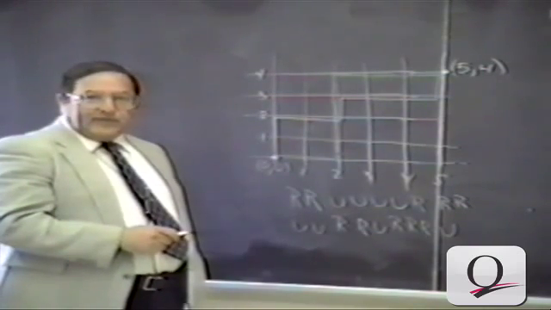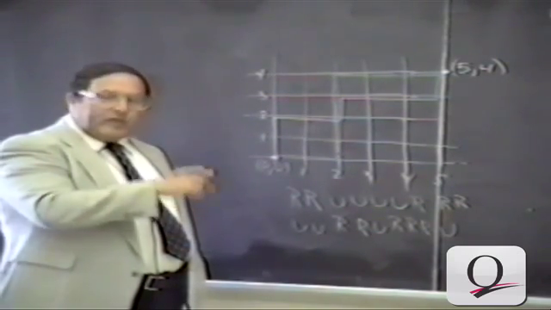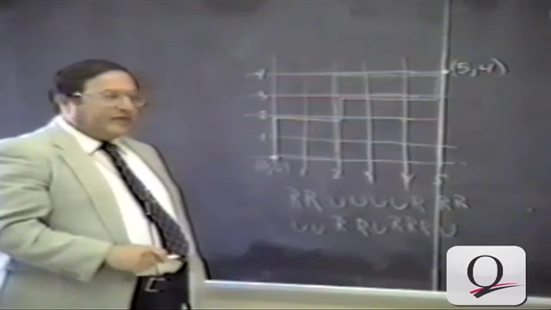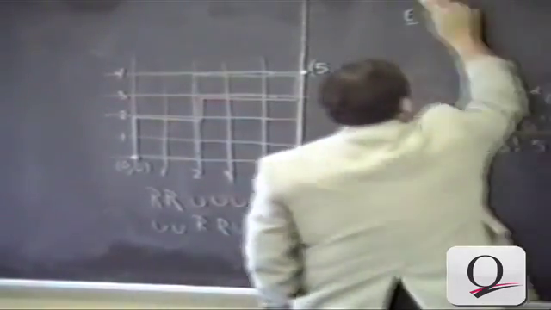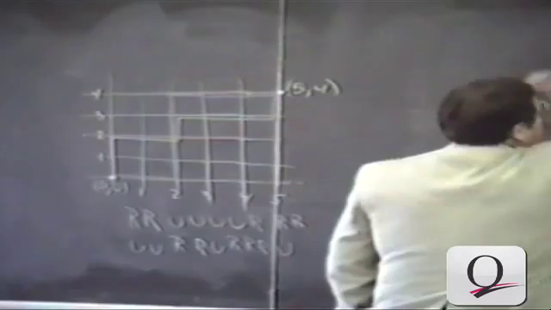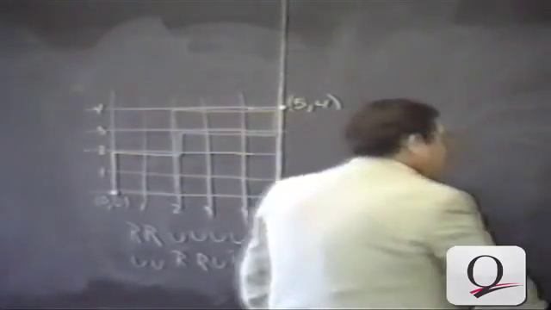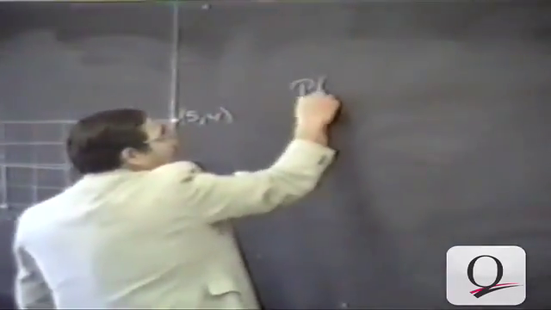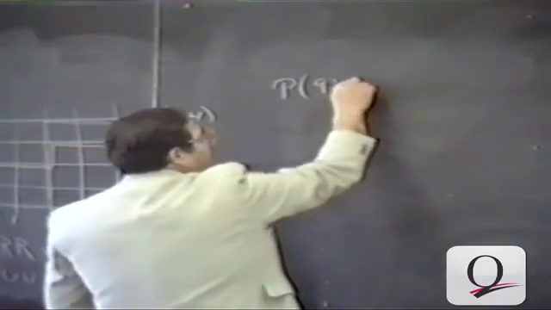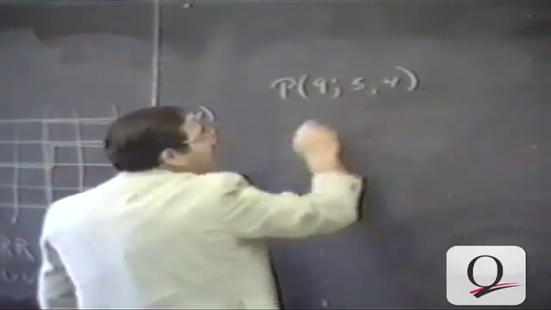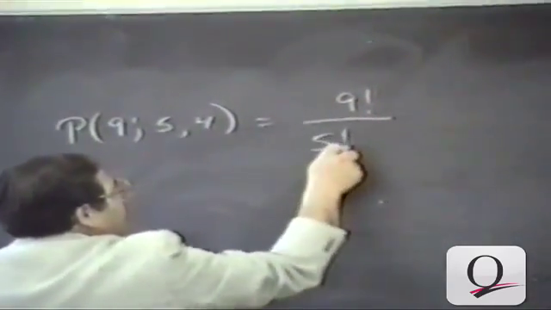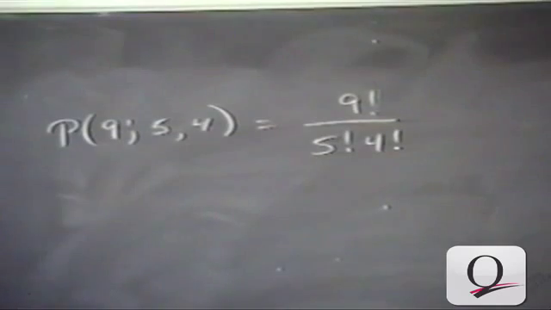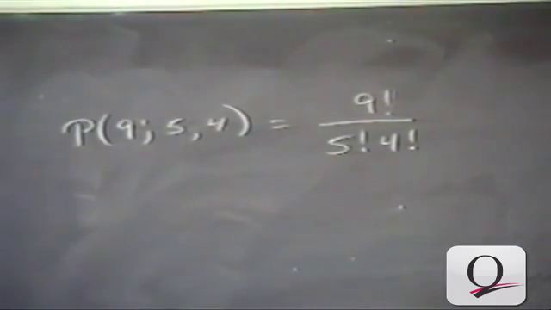Each way will give me one way to get from 0, 0 to 5, 4. So we have the number of permutations of 9 things, 5 of one kind, 4 of another, that's 9 factorial over 5 factorial, 4 factorial.